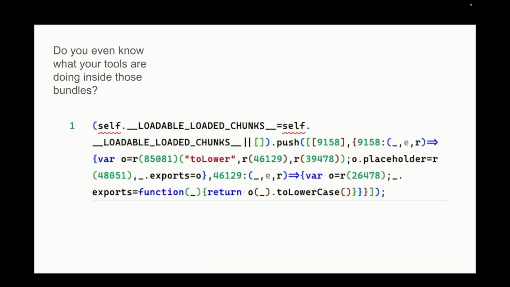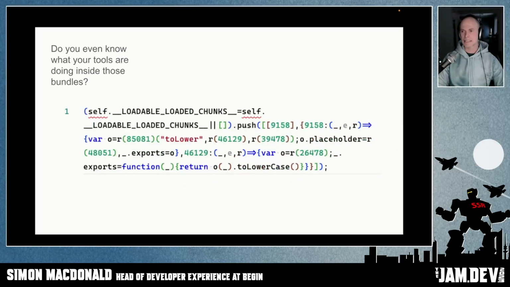So let me give you an example of something that I recently came across when inspecting an application. This one-liner, which I think was something like 295 or 296 bytes, very small, completely separate JavaScript file. And as best as I can tell, what it does is add this method called toLower, which just calls toLowerCase.